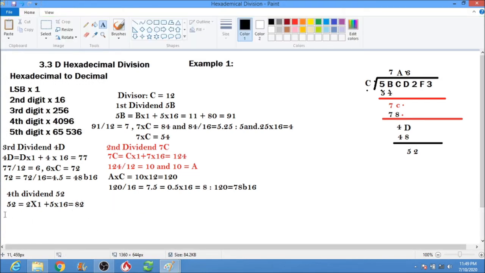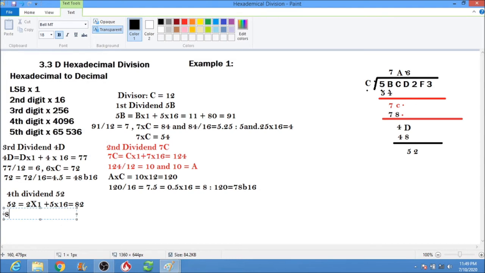Then 82 divided by 12 will be equal to 6.